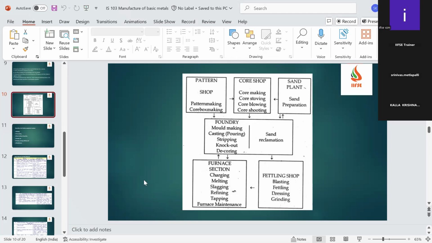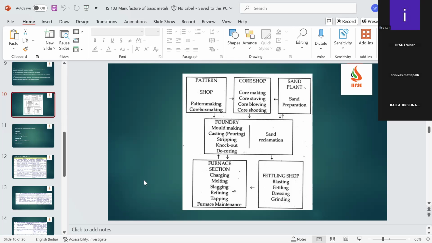Further, it goes for a cold activity, in the sense of going for machining and surface finishing based on the customer requirement. The slide on the screen shows the complete process activities which happen in a foundry. It starts from pattern making, then the core shop.